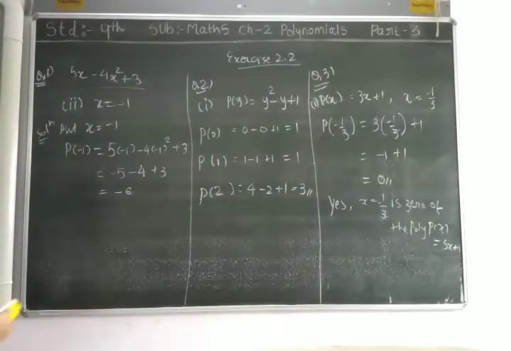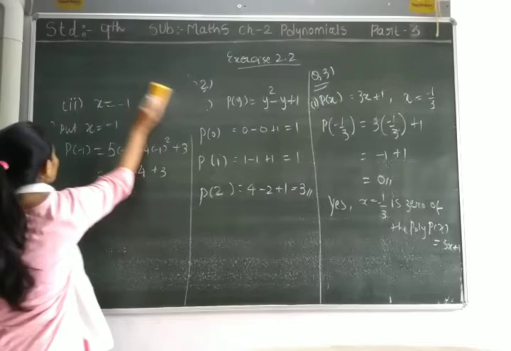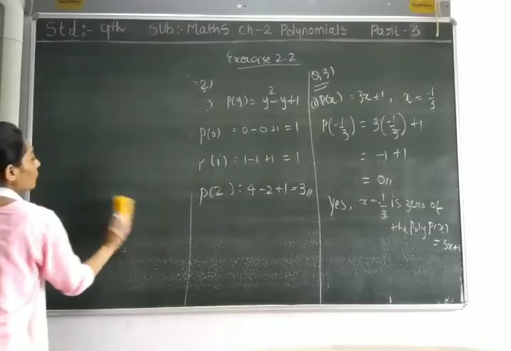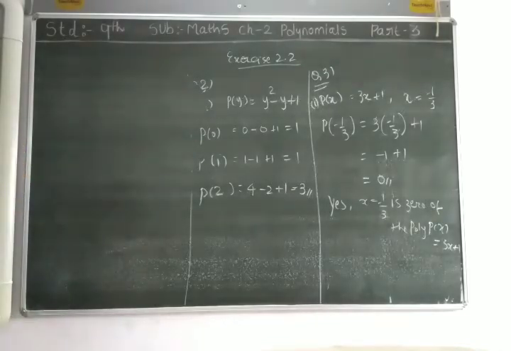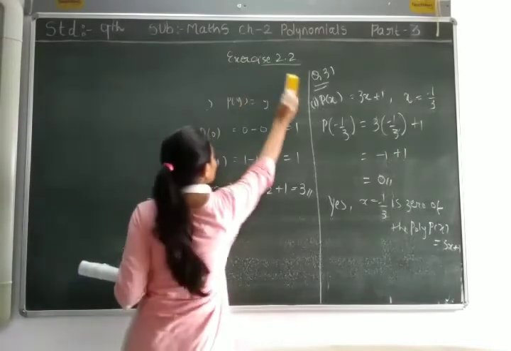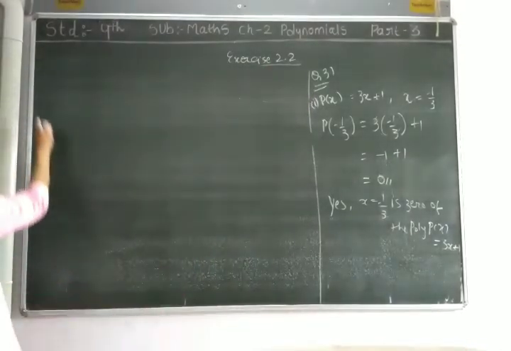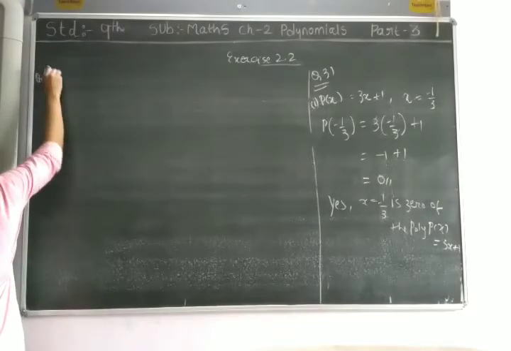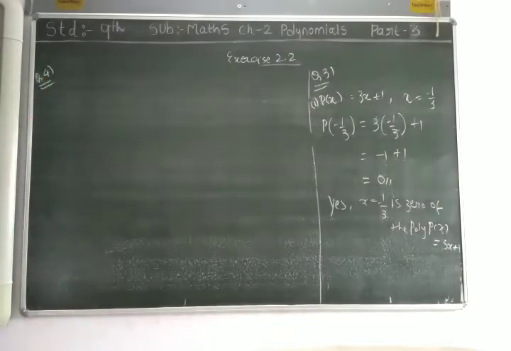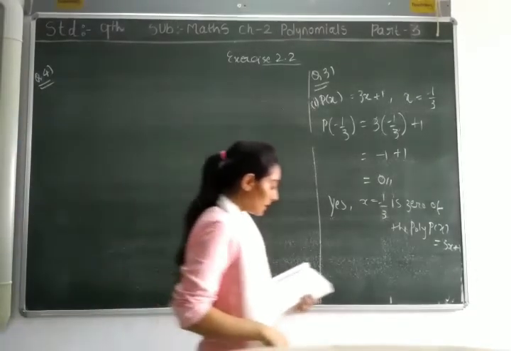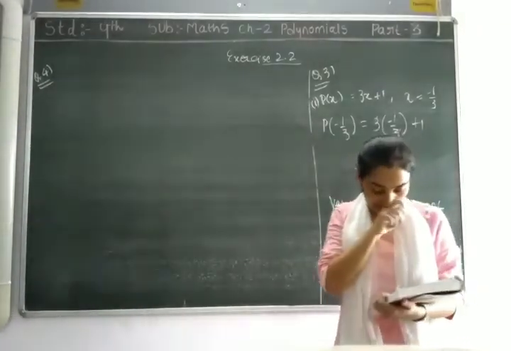Now move towards question number 4. Question number 4 says find the zeros of the polynomial in each of the following cases.